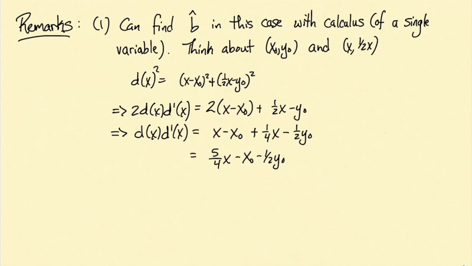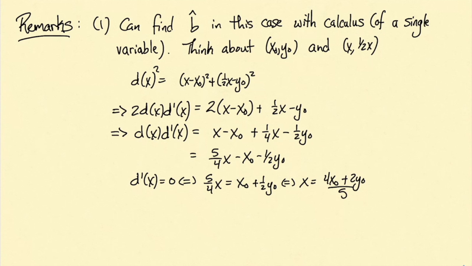So we see that the derivative of the distance function is 0 if and only if 5/4 x is equal to x naught plus 1/2 y naught, which is of course equivalent to saying that x is (4x naught plus 2y naught) over 5. It's an easy exercise to see that the derivative will be negative to the left of this point and positive to the right of this point.